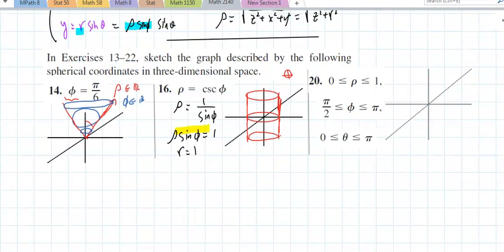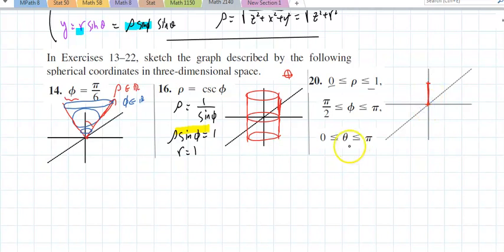Number 20 is a problem you really want to pay attention to. This is really the main use of those. You see a sphere or a portion of a sphere, you need to identify it first. And when they say rho runs between 0 and 1, it takes on all of these values all the way to 1.